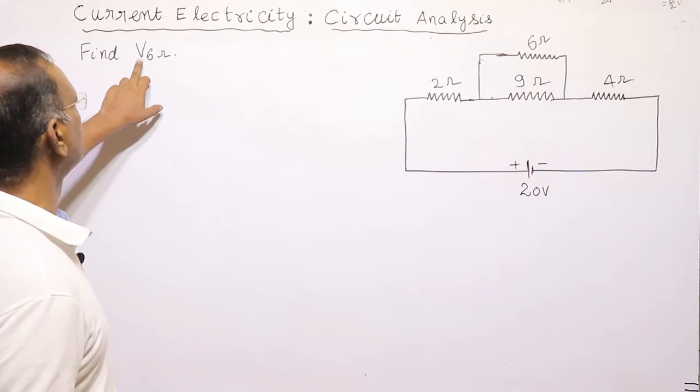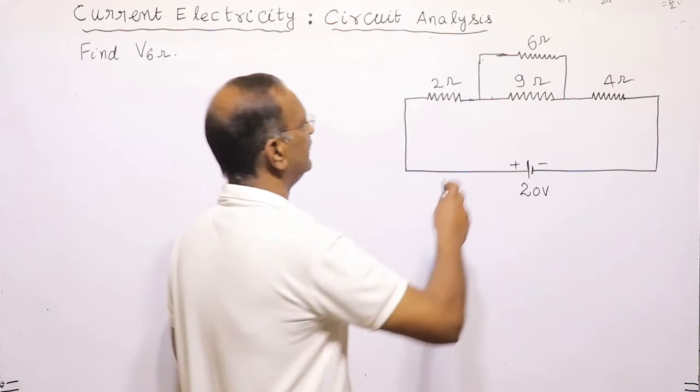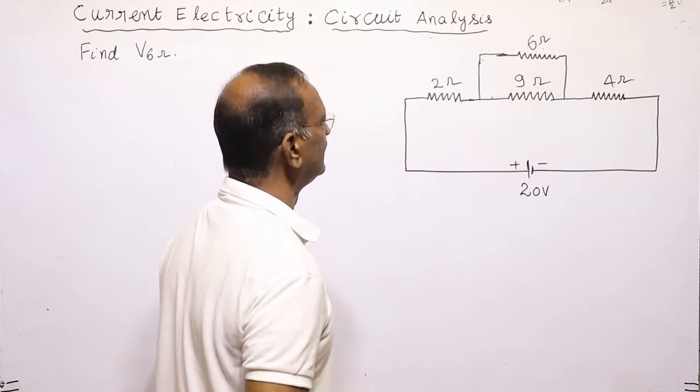Now find the voltage across 6 ohm. First we will draw this.